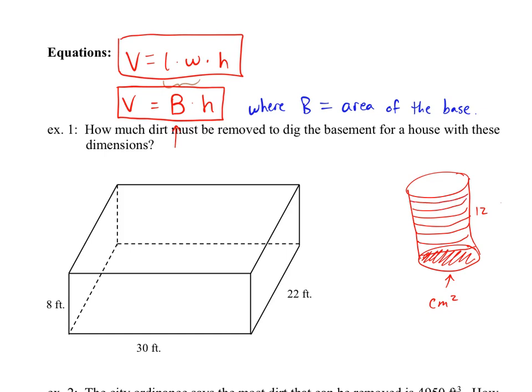So if I know how many of these square cubes are in this bottom area, do you agree multiplying by 12 just tells you how many square cubes are going to be in these 12 layers of cubes? So it gives you the volume from the area. And if that just totally went over your head, don't stress about it. I'd be glad to talk with you about it if you want.